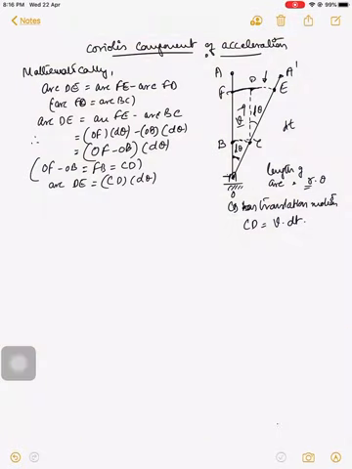And d theta is the angular displacement, as we know, and it is normally given by omega into dt.